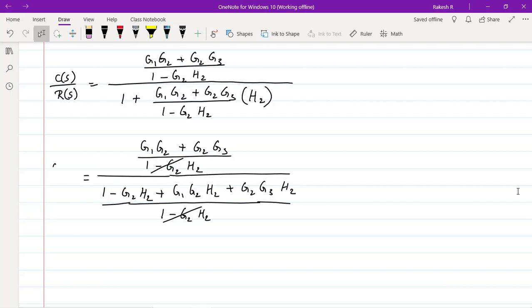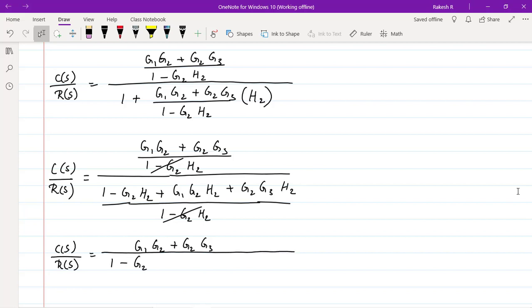Remaining is the transfer function C of S by R of S, which is equal to G1 G2 plus G2 G3 divided by 1 minus G2 H2 plus G1 G2 H2 plus G2 G3 H2.